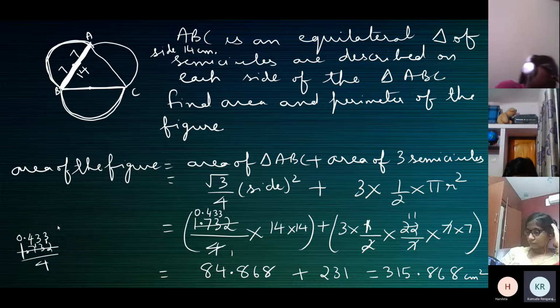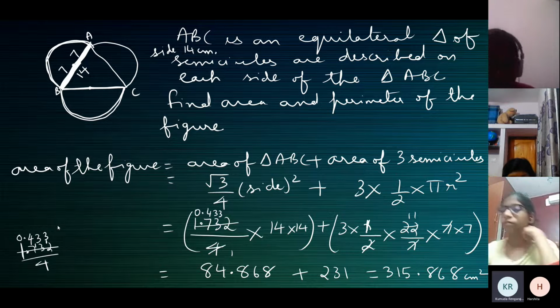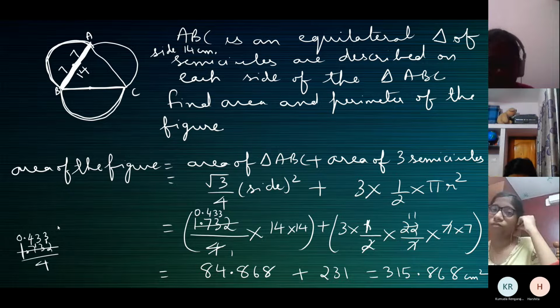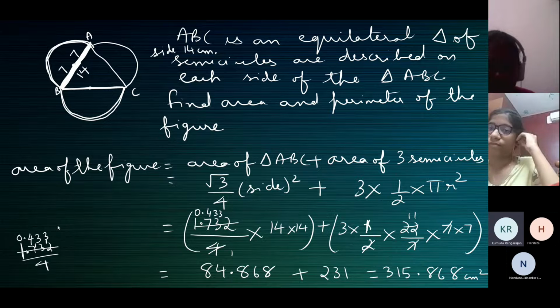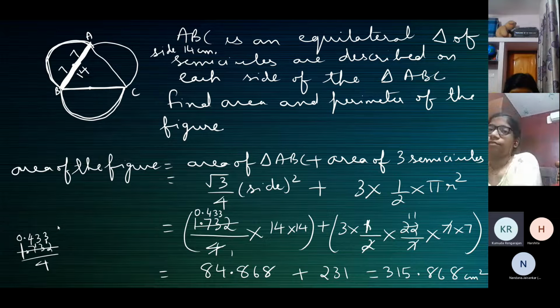Okay. The total figure is made up of one equilateral triangle and 3 semicircles. So the area of the equilateral triangle plus the area of the 3 semicircles will give us the area of the figure.